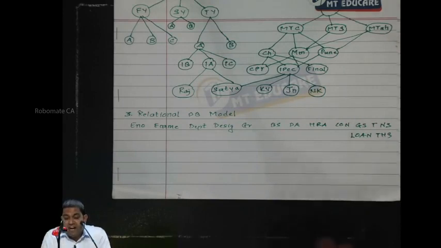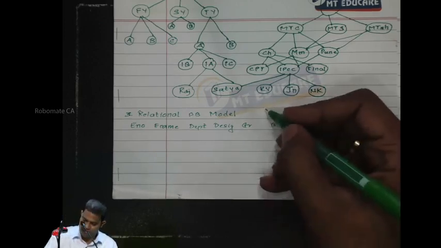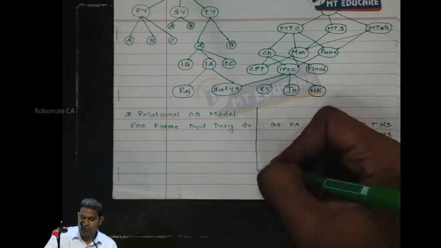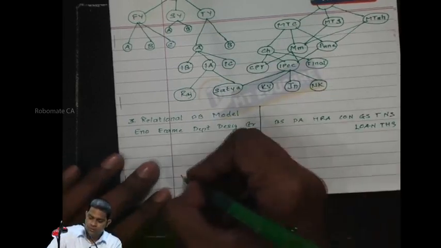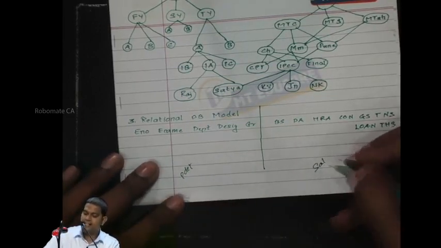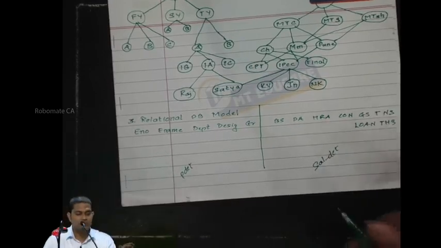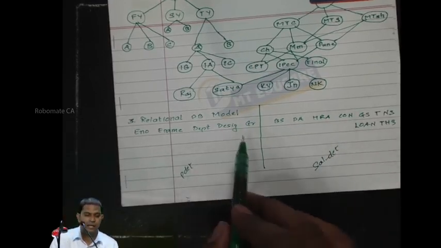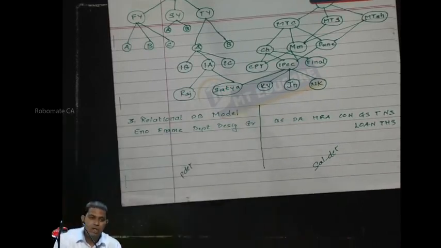Instead of that, if I can split this table into two separate tables, this becomes personal details, this becomes salary details. Now if a person wants to work with this particular table, he will be using only this table. The loading time will be less.